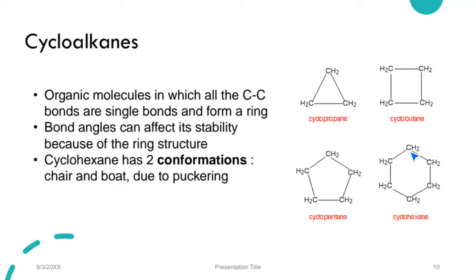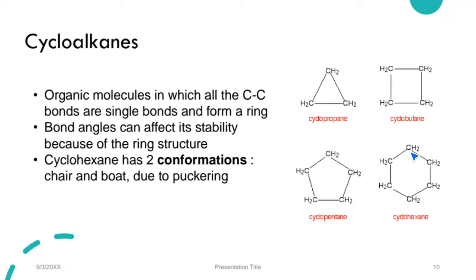Hold on. Okay, so cyclohexane, if it were to just exist like this, it would be unstable, okay, because these bonds are too wide.